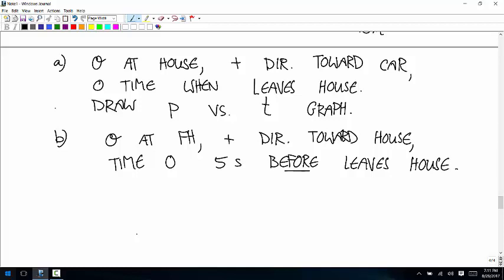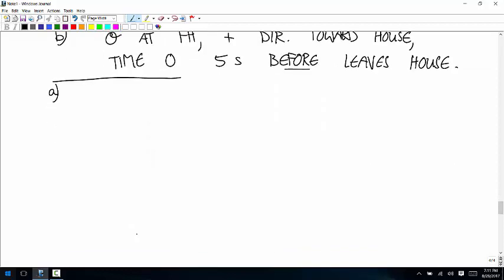Okay, so let's just think through these two. For part A, I think the easiest way to think about it is to draw a number line, or just draw a line with these locations on them. So let's say this is the house, this is the fire hydrant, this is the car.